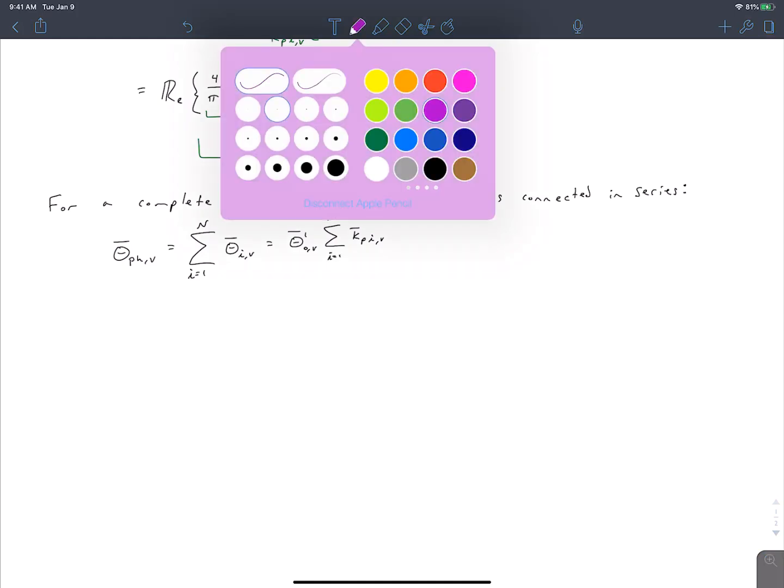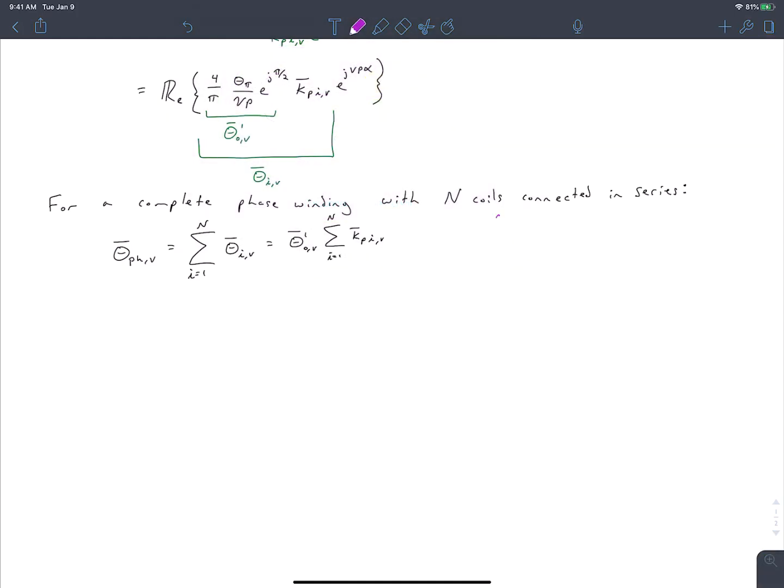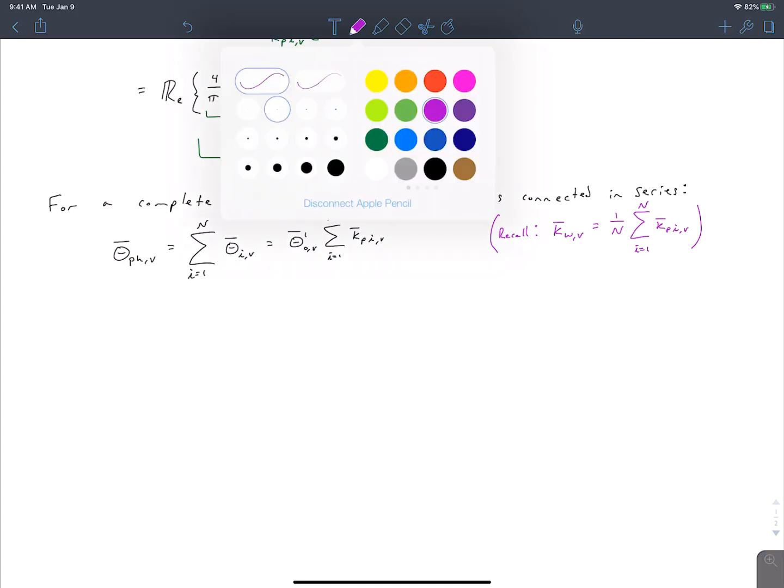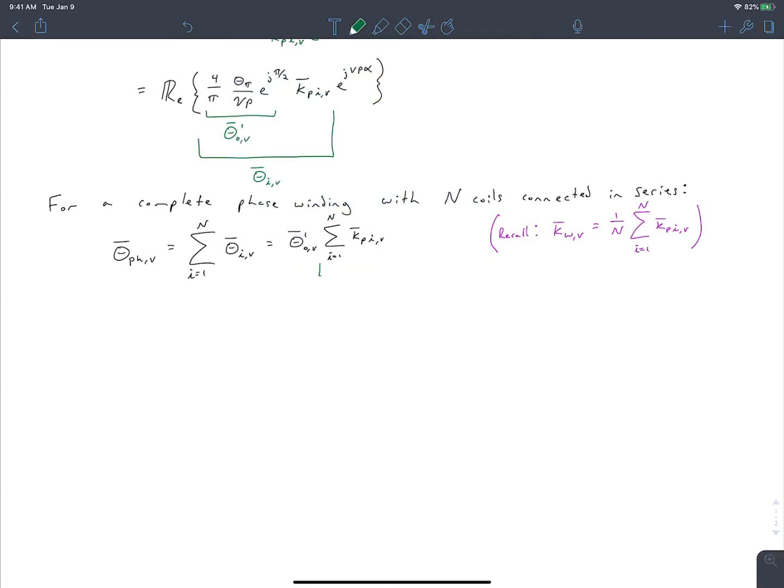And I want you to recall one more thing in order for us to take the next step. Recall the definition of our winding factor. We calculated it as this summation. And we can note that that looks awfully similar to what we currently have right here. In fact, this quantity is equal to n times our winding factor.